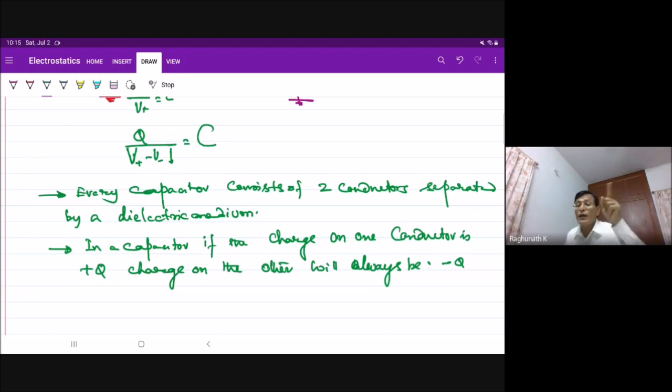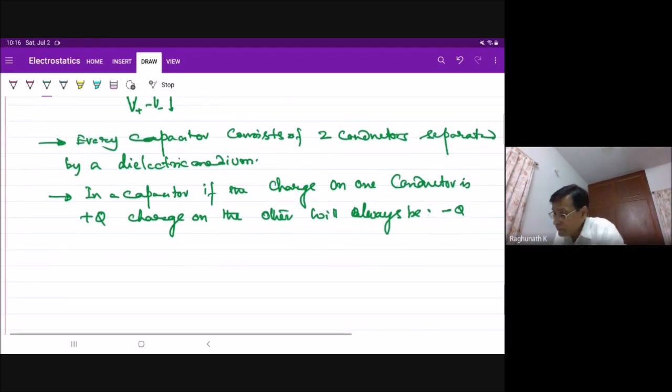It is the same because the number of electrons removed from this is equal to the number of electrons added to this, Ne: plus for the first conductor, minus for the other conductor, right?